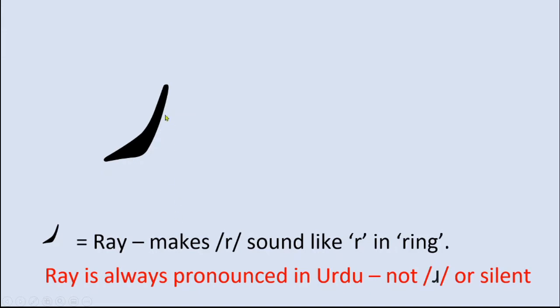This Re is always pronounced in Urdu, right? It's never silent. It's a proper R sound, a trill. You can hear the R sound, okay? So, it's called Re. It makes the R sound like R in ring. It's always pronounced. So look at this now.